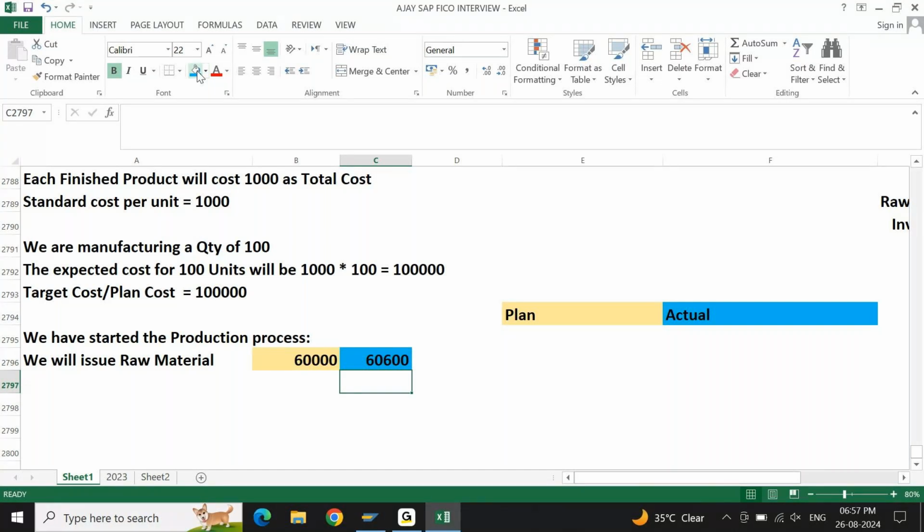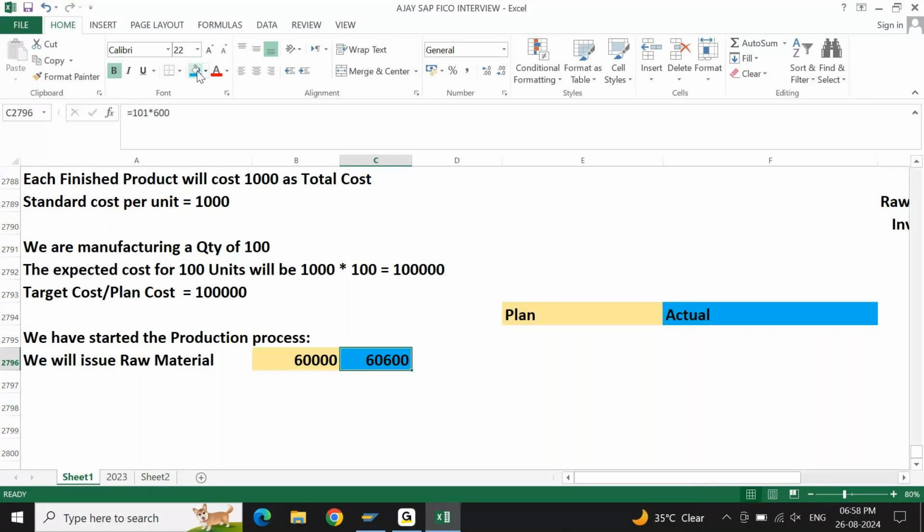Instead of 100 units, am I now using 101 units? Ideally, for producing my finished product of 100 quantity, 100 units of raw material are required.